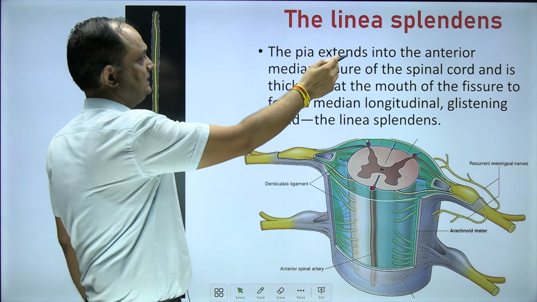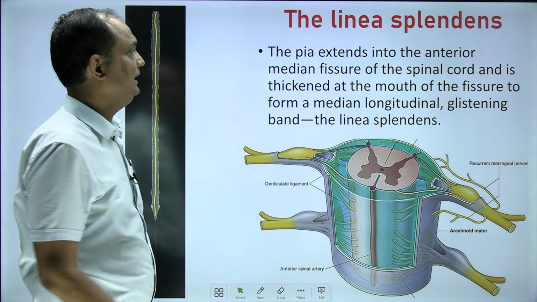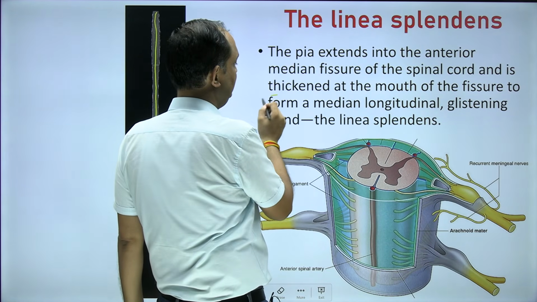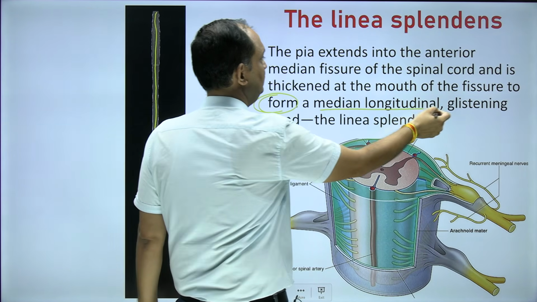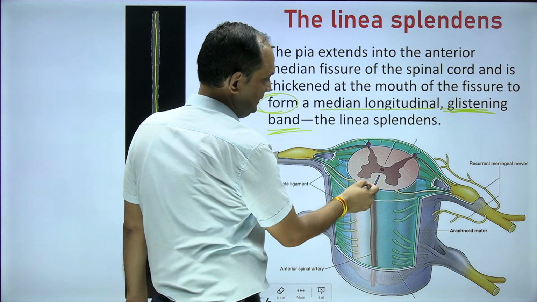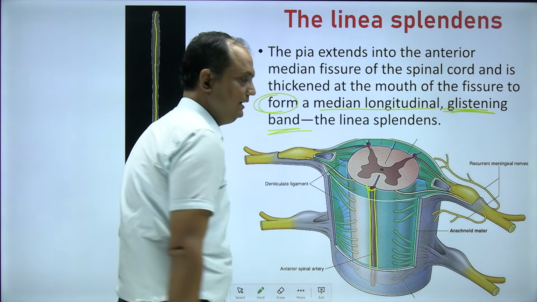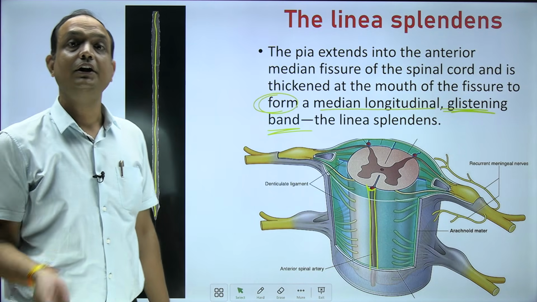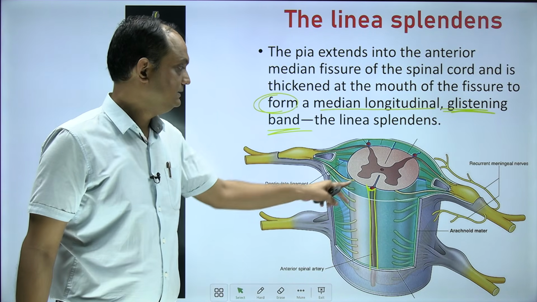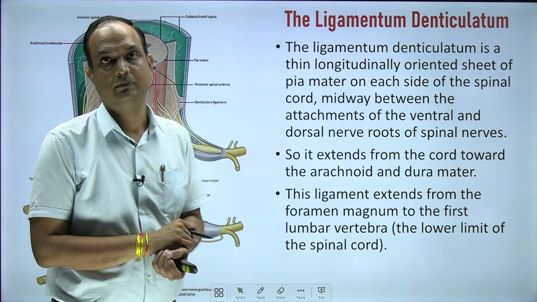So pia mater extends into the anterior median fissure of the spinal cord, and it is a thickening at the mouth of the anterior median fissure, running longitudinally in the median. It is a glistening structure or band, and this band which is present on the anterior side of the spinal cord deep to the arachnoid mater is linea splendens.